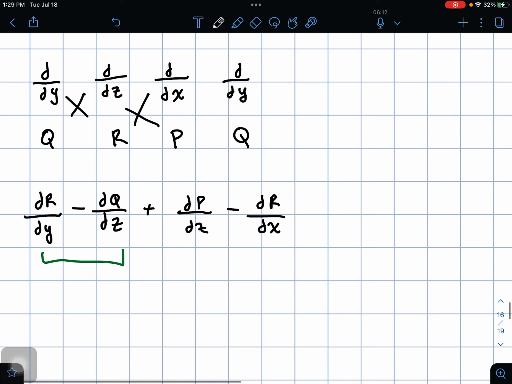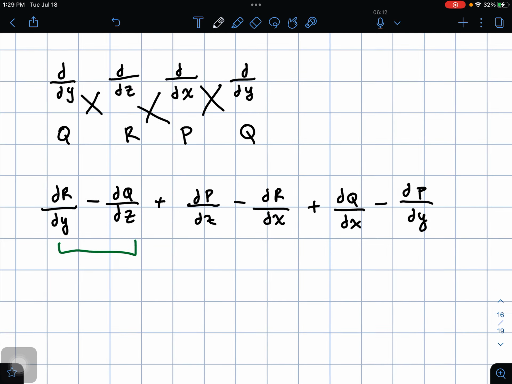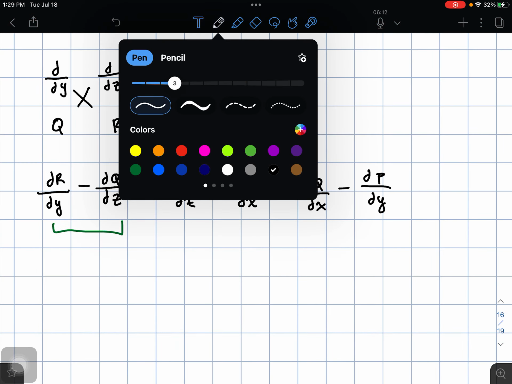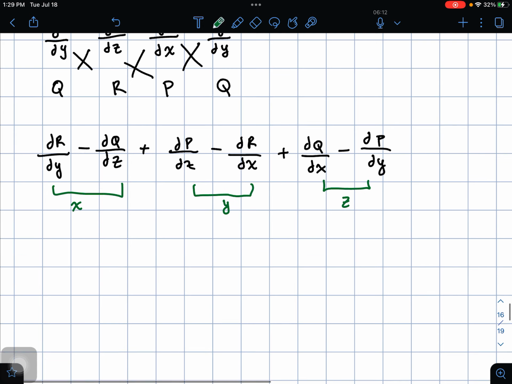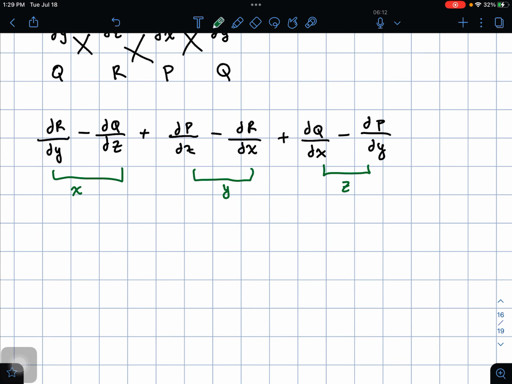Then we have del Q del x minus del P del y. So that's our cross product right here. This is x, this is y, this is z. And basically we're gonna see, does it equal 0? If it's 0, that means it's conservative.